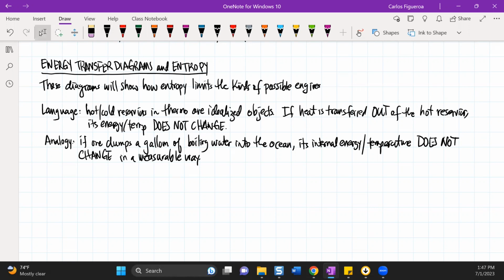So when we talk about the hot and the cold reservoir, we're saying that no matter how much heat you transfer out, or how much you transfer into the cold reservoir, the temperature does not change. So now let's look at possible slash impossible processes.